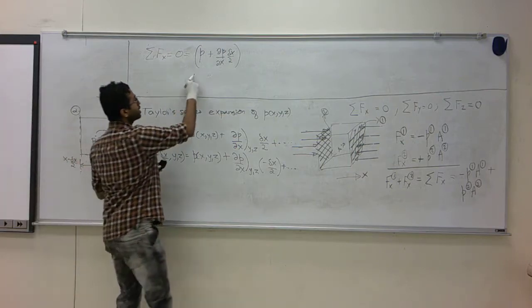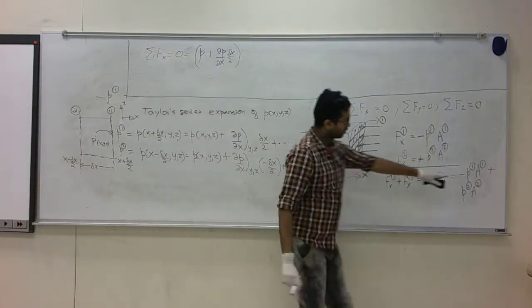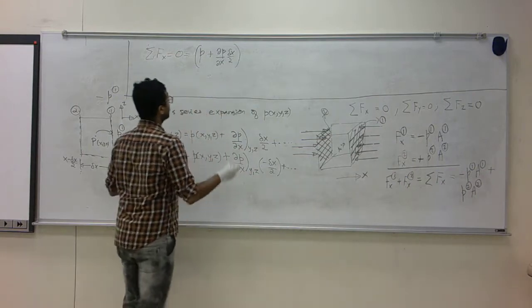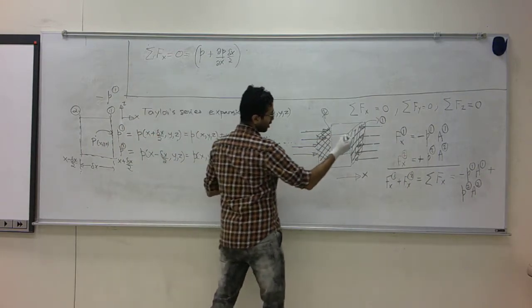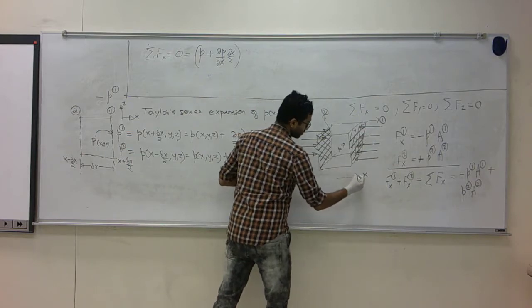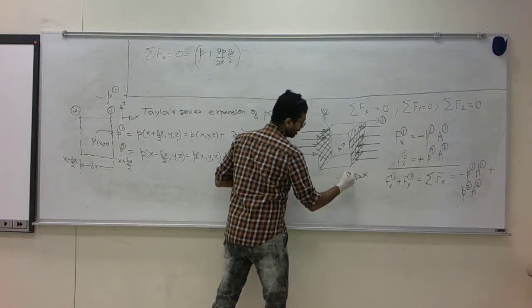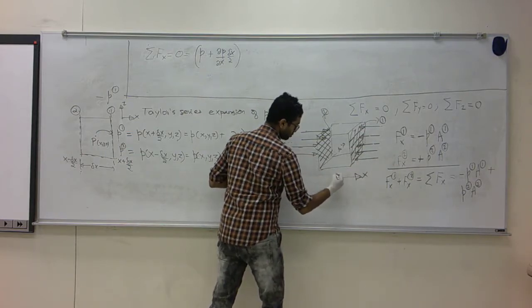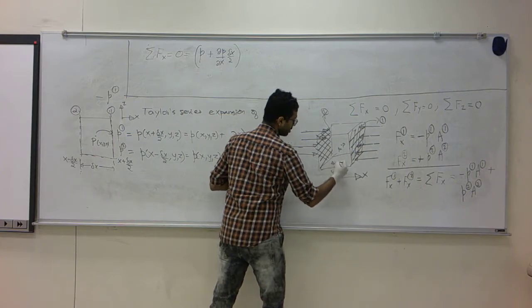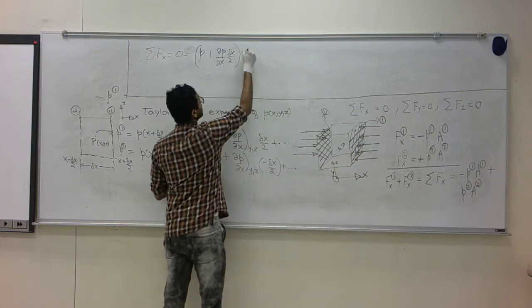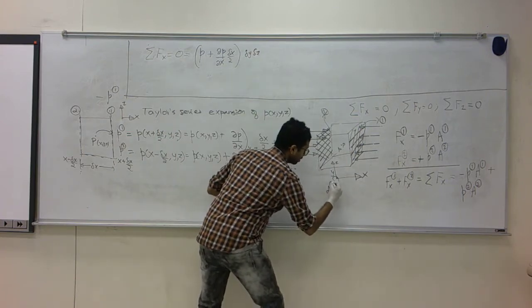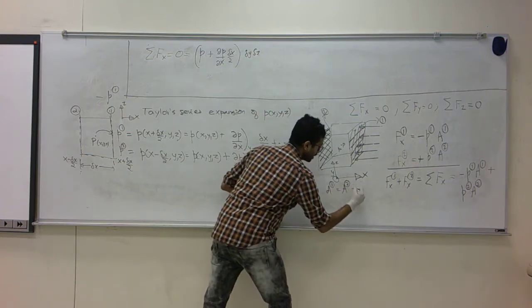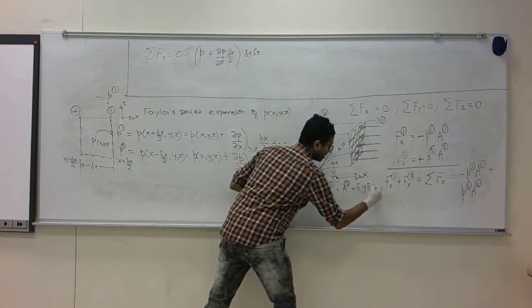And I have to multiply this by A1, which we did discuss. If this is x, this is y, and this is z, this is going to be delta y delta z. That is, A1 is equal to A2 is equal to delta y delta z.